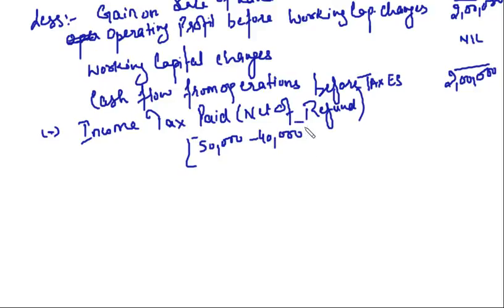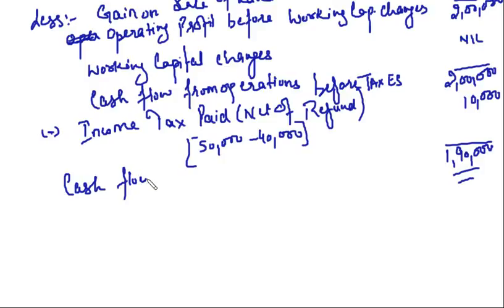So what is the actual tax paid is 10,000 only. Clear? So this 1,90,000 is our cash flow. We do not have any extraordinary items. So this 1,90,000 is our cash flow from operating activities.